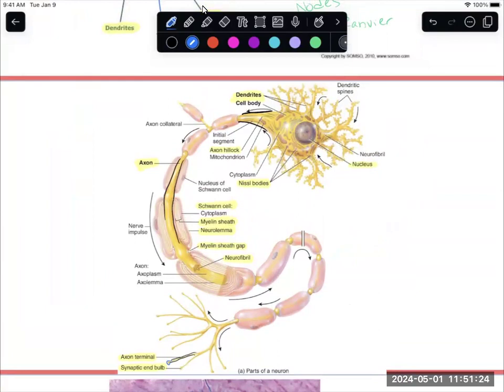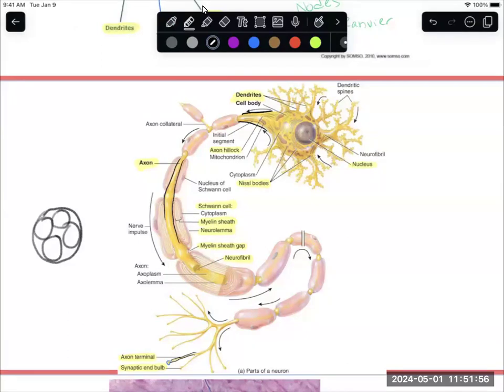The epineurium is that layer that's around that entire spinal nerve coming off of anywhere. That epineurium holds all those axons in place. Those axons are separated into those different fascicles. Those fascicles are wrapped in that perineurium.